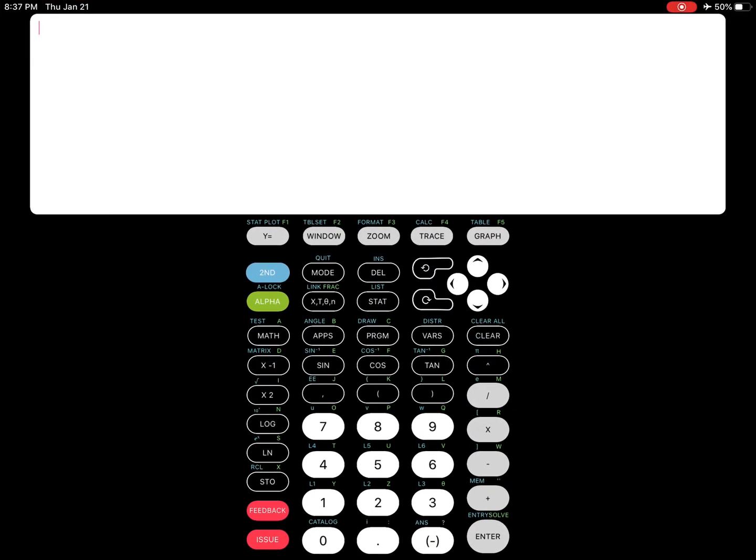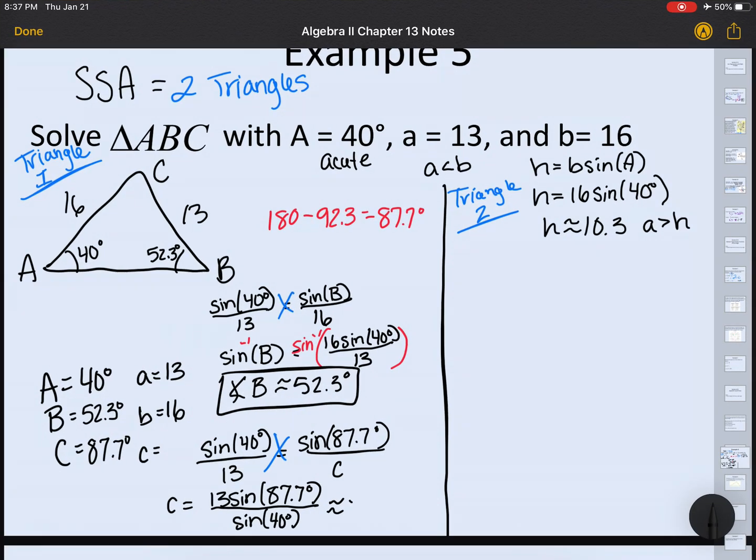So if we put that in the calculator, we get 20.2 if we round.